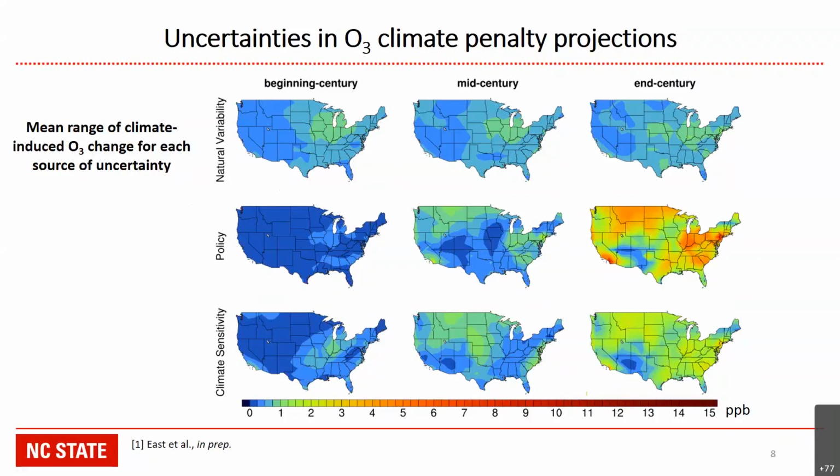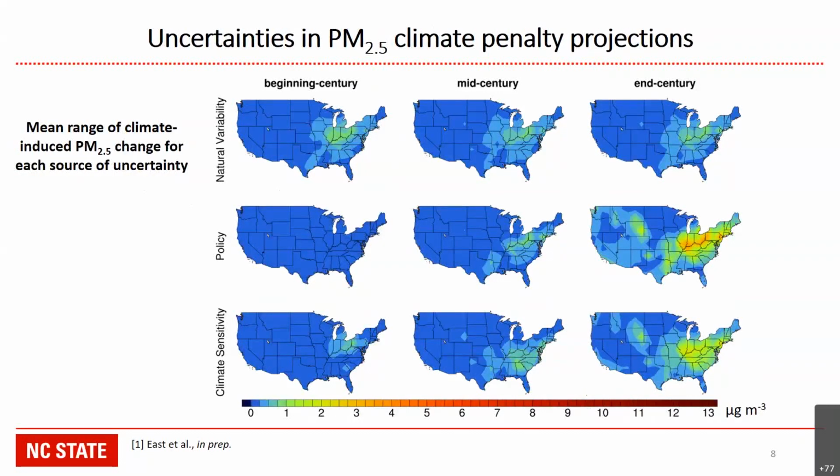The uncertainty associated with variability is larger. That stays pretty constant throughout the entire century. By mid-century, that's comparable to the policy and climate sensitivity uncertainties. And then by the end of the century, it's really policy that takes over, climate sensitivity to a smaller degree, but the uncertainty associated with internal variability is still significant.